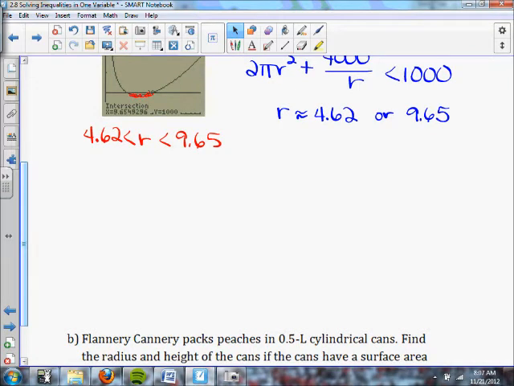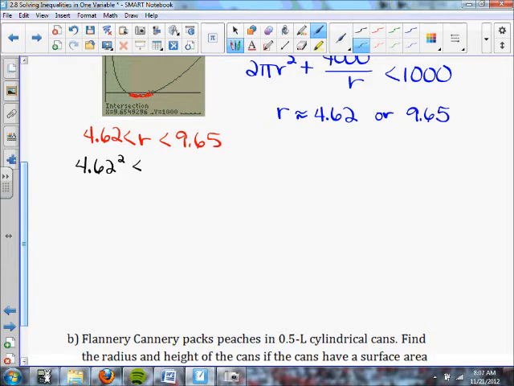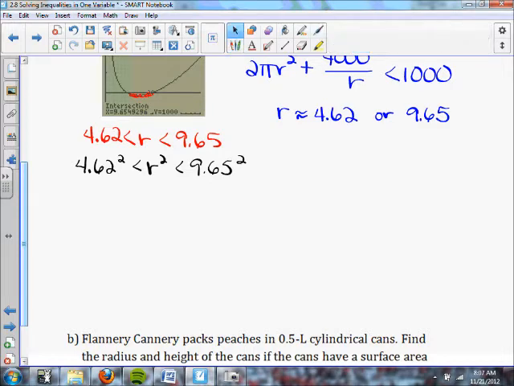Now we need to solve this for h. Correct? So what we're going to end up having is this. We're going to square everything, so make sure you write this down. Okay? Then we're going to multiply everything by pi.